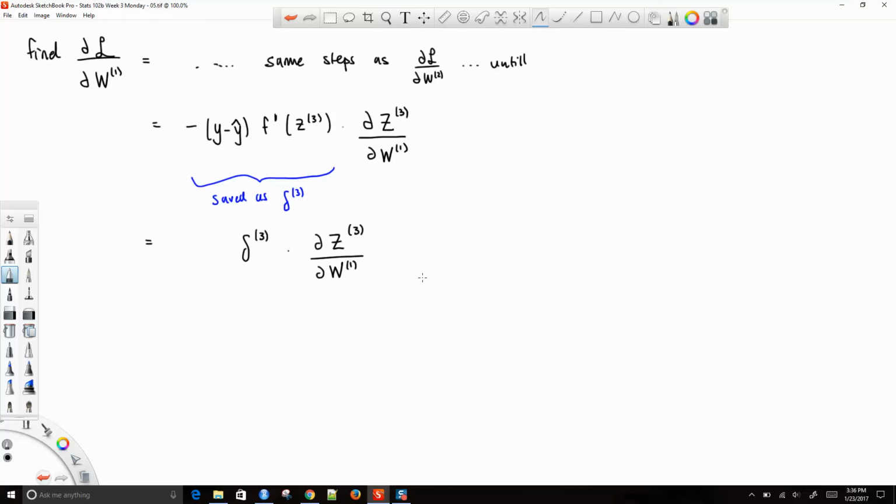I'm going to split this up. From the W1 matrix, we say it varies with respect to A2, and then we find the derivative of A2 with respect to W1.